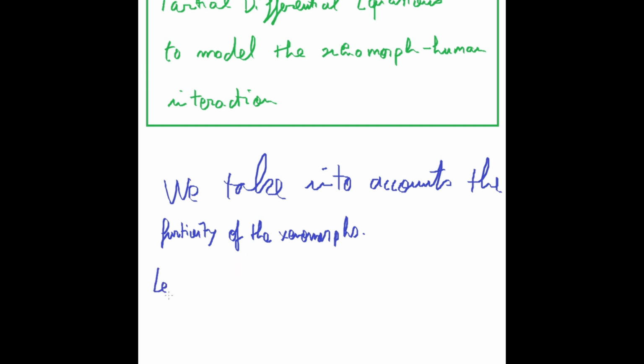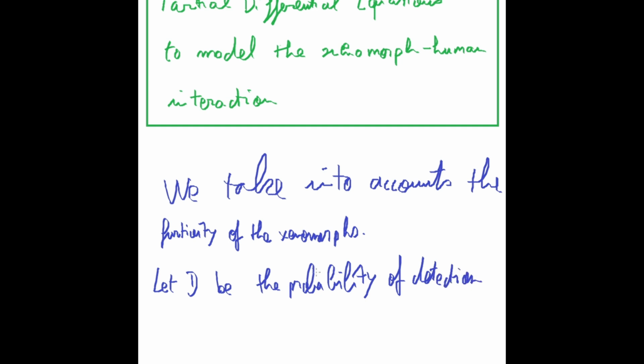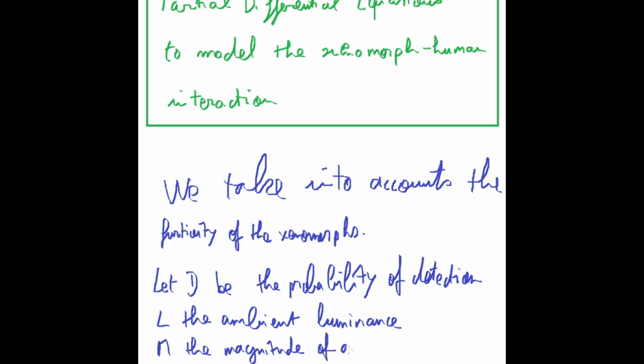Let D be the probability of detection, the probability that a human, or any living being, can detect a xenomorph. L, the ambient luminance, and M, the magnitude of any movement.